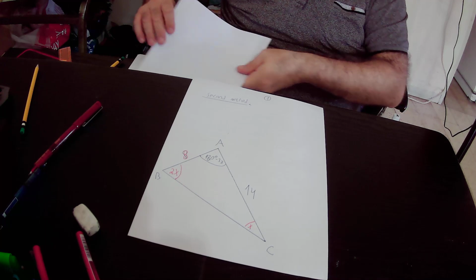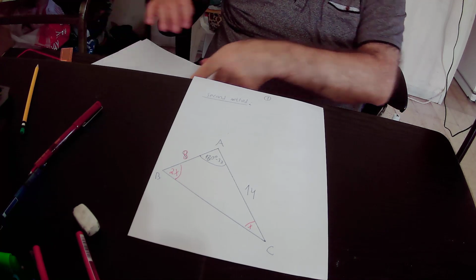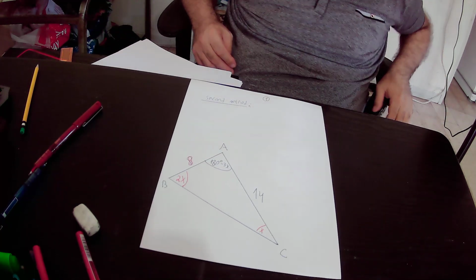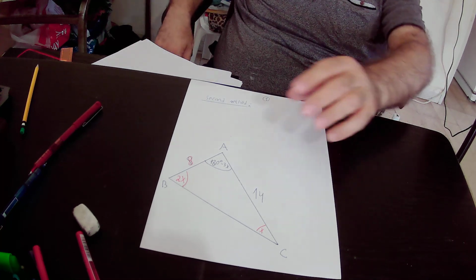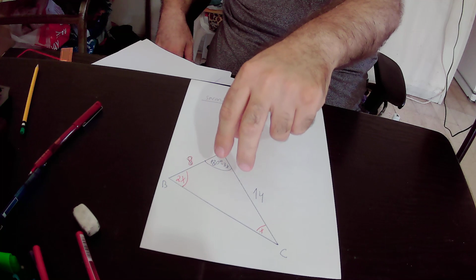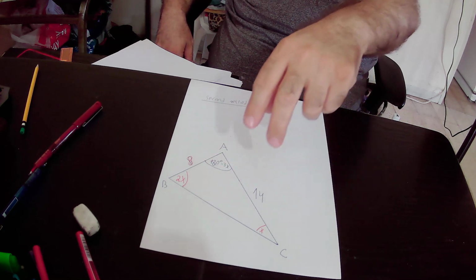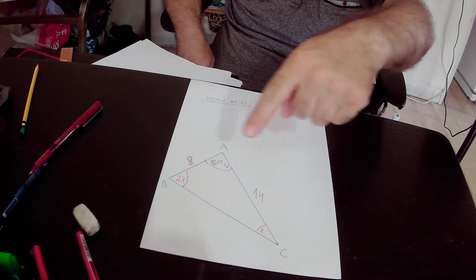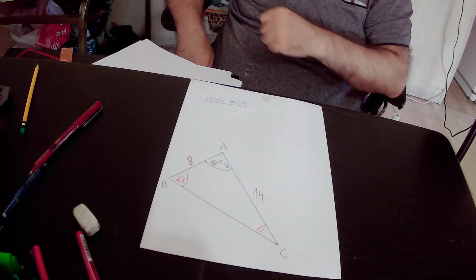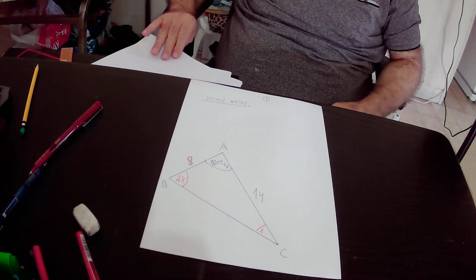We know that the sum of the angles in any triangle equals 180 degrees.